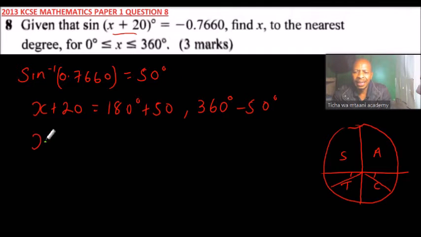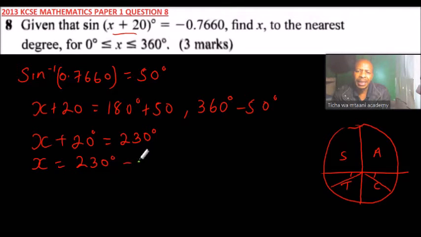So you find that x plus 20 is equals to, when you add this, you get 230 degrees. So you find x is equals to, you take 20 to the other side, so it is 230 minus 20, and that will give you 210 degrees.